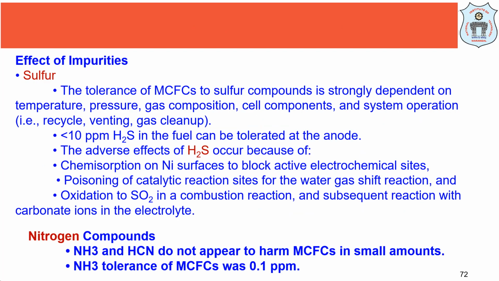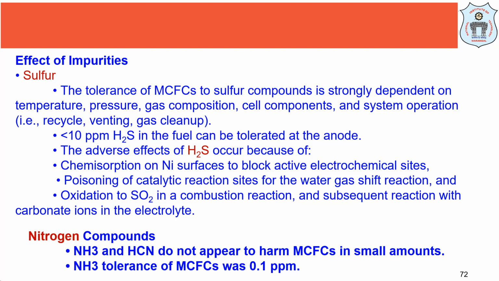If you look at the effect of impurities, sulfur, for example, is one of the villains for these molten carbonate fuel cells, because the tolerance of a molten carbonate fuel cell to sulfur components is strongly dependent upon temperature, pressure, gas composition, cell components, and system operations.